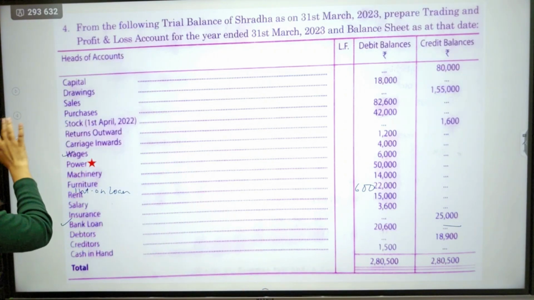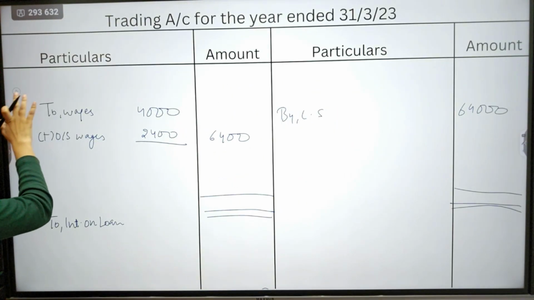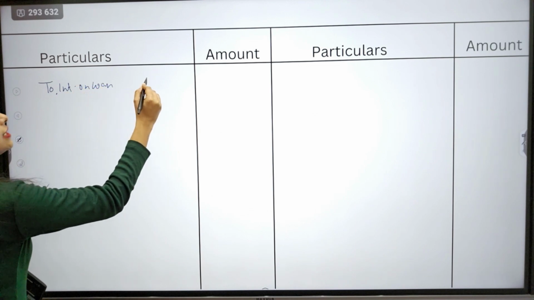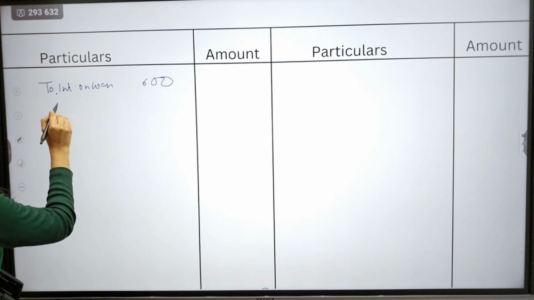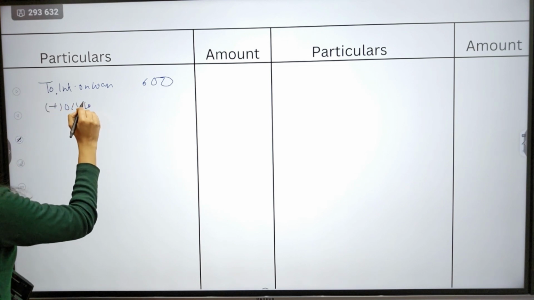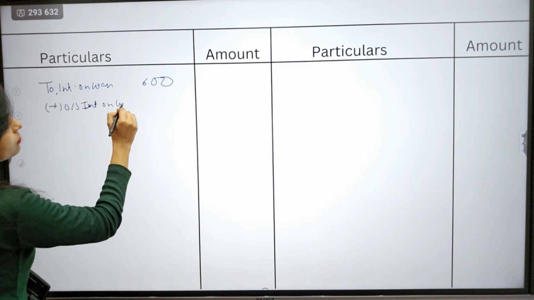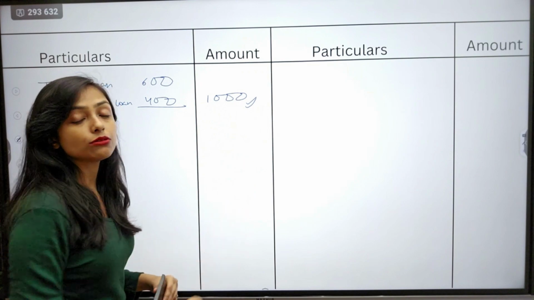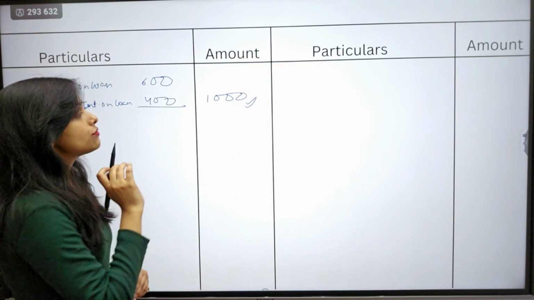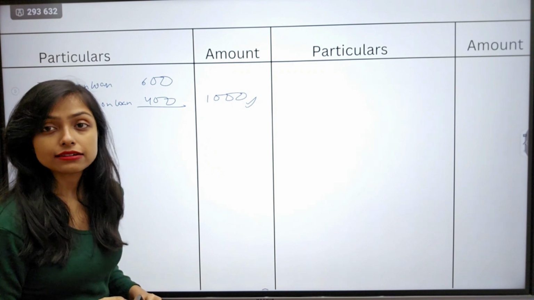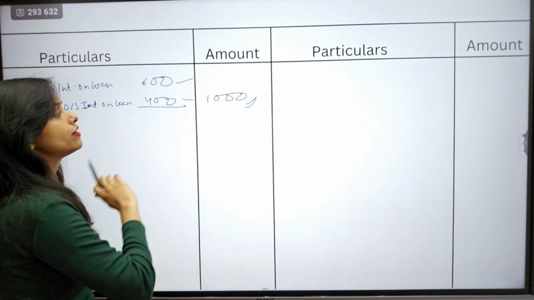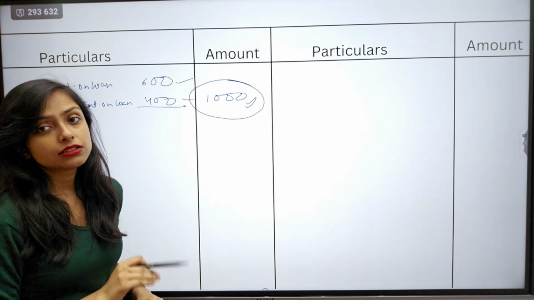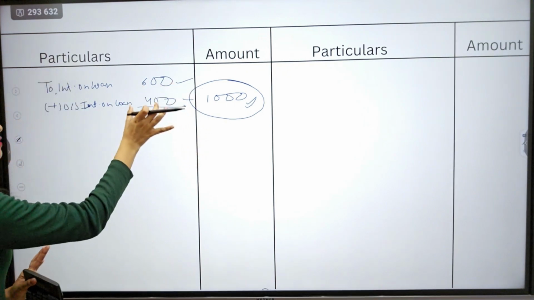Suppose this is our PL account, we would have written it like this: to interest on loan, 600 already paid, this was inside the trial balance, plus outstanding interest on loan, and we would have written 400, and ultimately 1,000 only would come in the outer column of the PL account, because 1,000 is something that we should have paid in this year. Doesn't matter how much we have paid, how much we have not paid, 1,000 should be a part of this year's PL. So we would have written it like this.